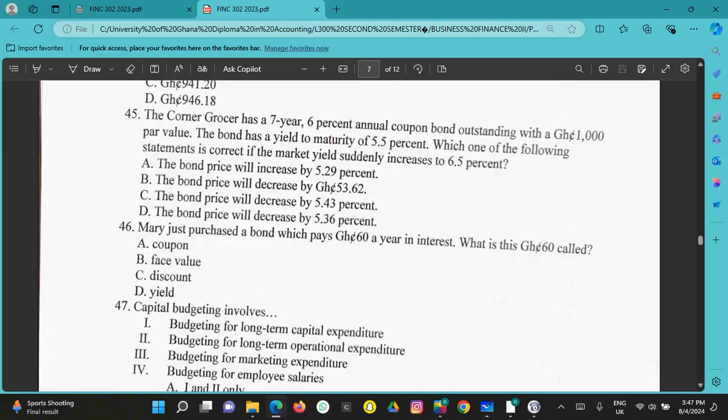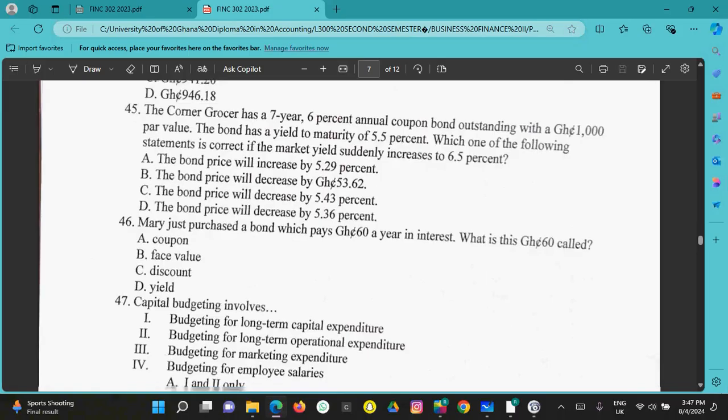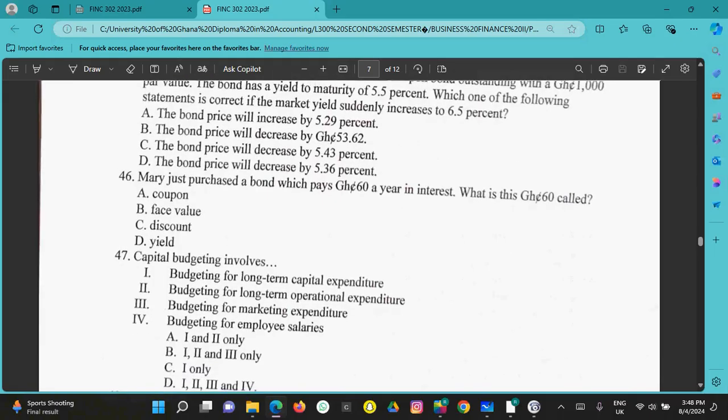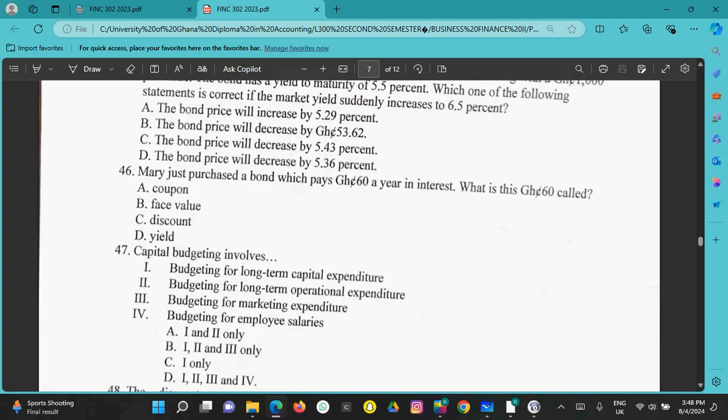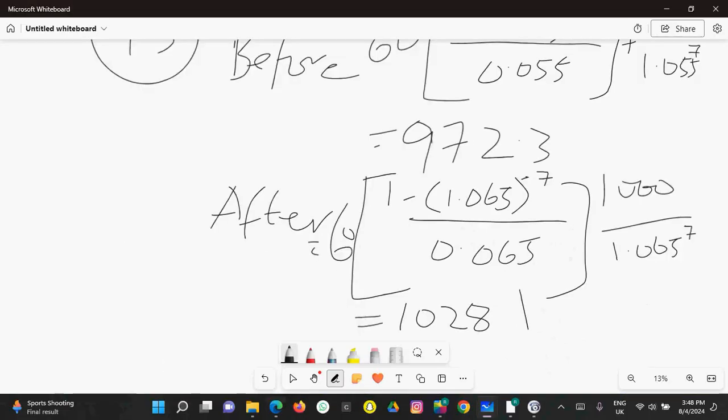So first, they are saying the bond will increase by 5.9%. Let's check. Let's check the increments. If we want to check the increment, then we are going to do it this way.